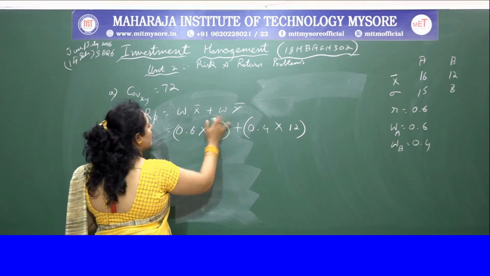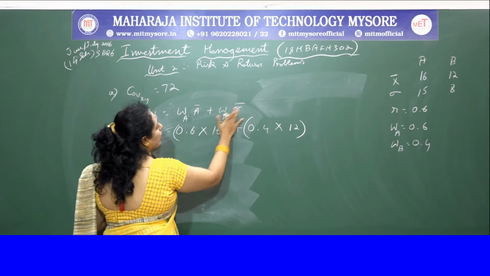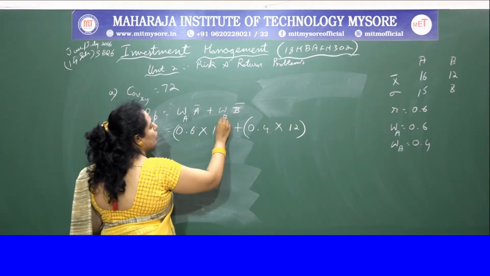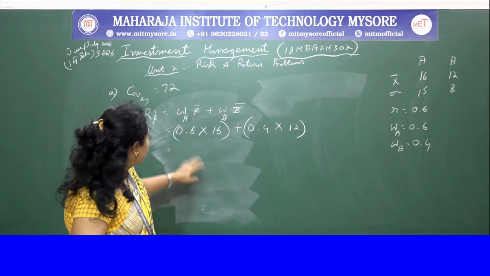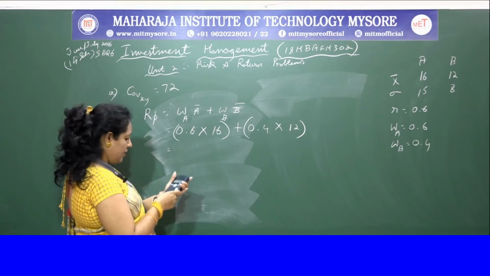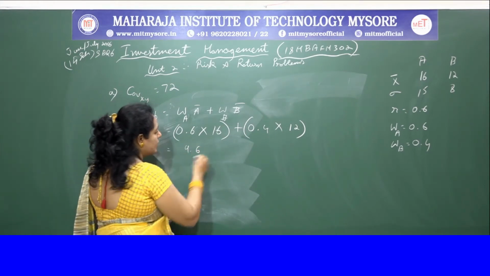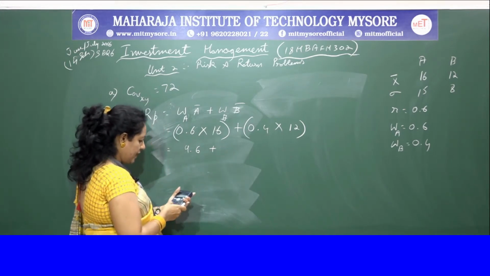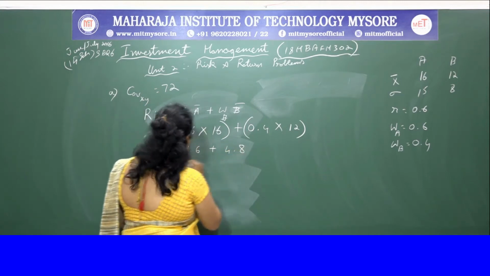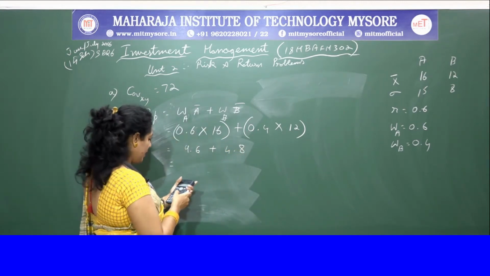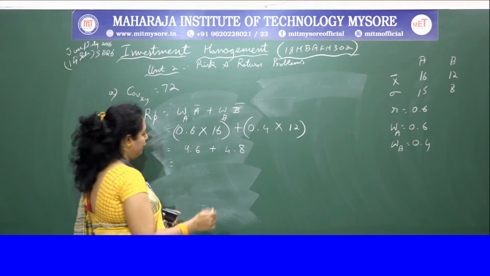You can change this as A and B, so this becomes A bar and B bar. However you want you can change, but the meaning should be the same. Coming to the calculation part, 16 into 0.6 is 9.6, plus 12 into 0.4 is 4.8, and again we are going to add these two, 4.8 plus 9.6, you get 14.4.